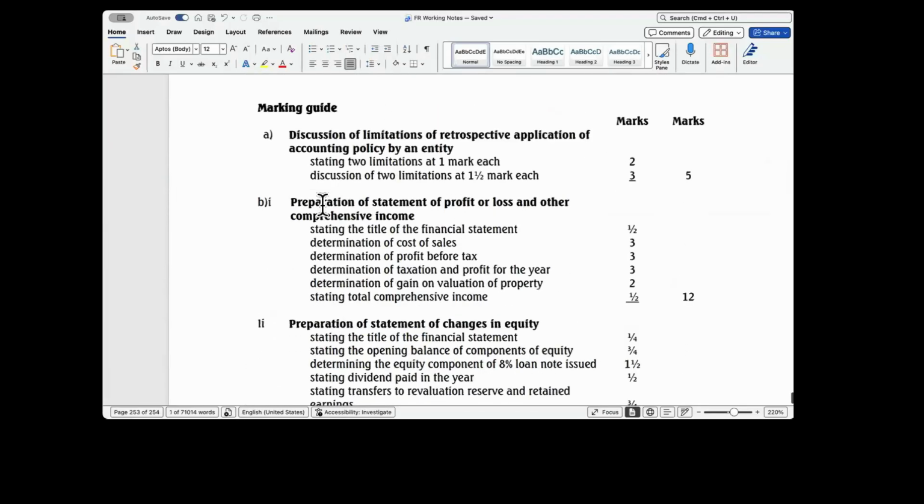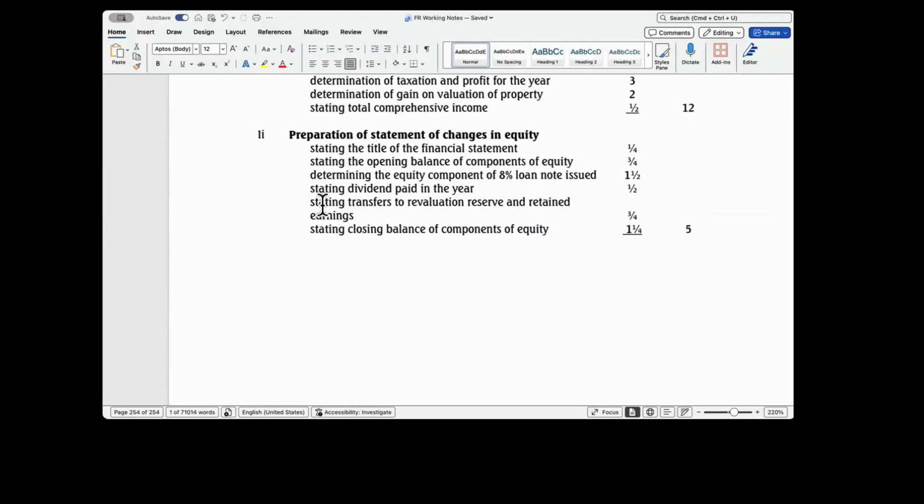If you look at the statement of changes in equity, stating the title, I get a mark. Stating the opening balances, I get a mark. Determining the equity components that I did, I get a mark for that. Stating the dividend, that dividend that we had to separate.